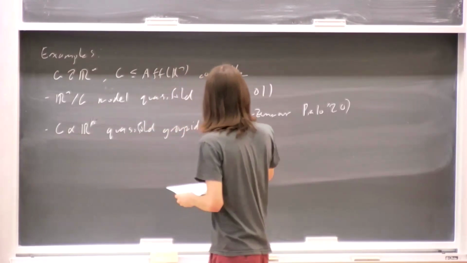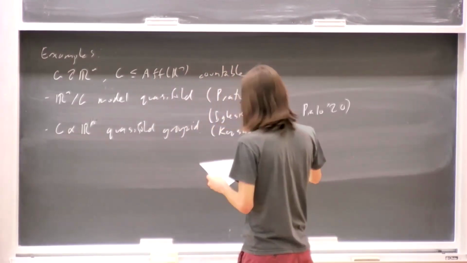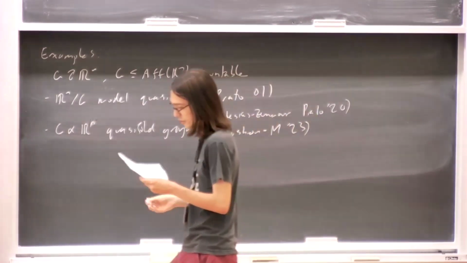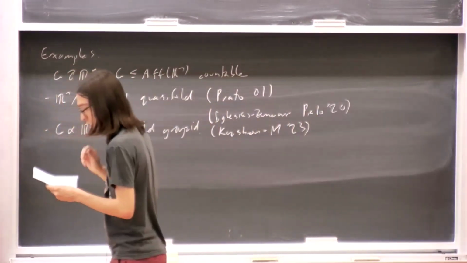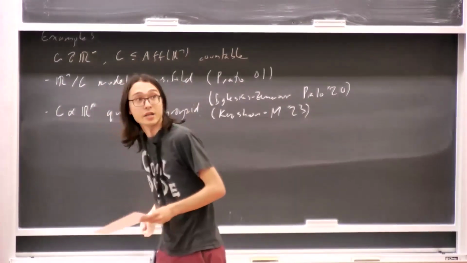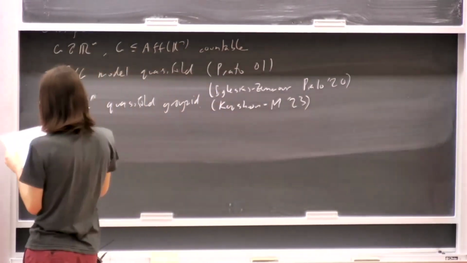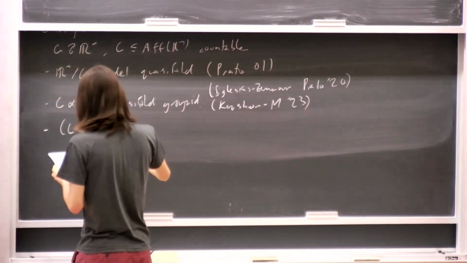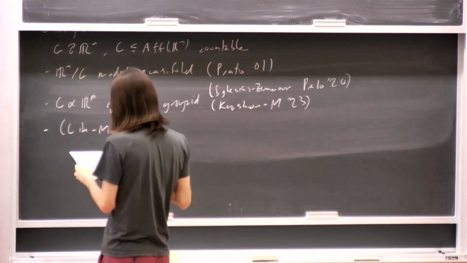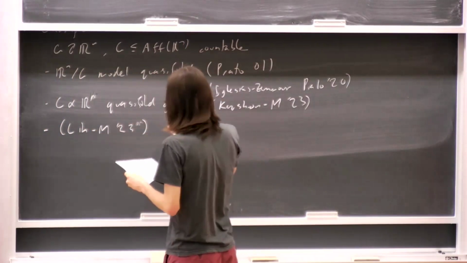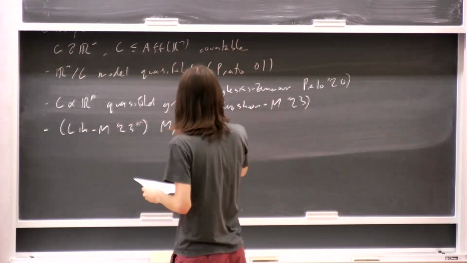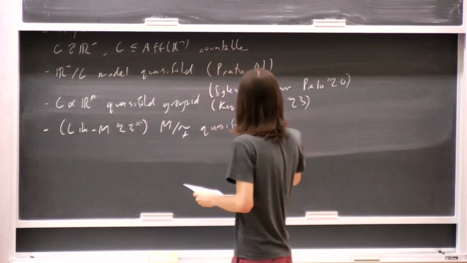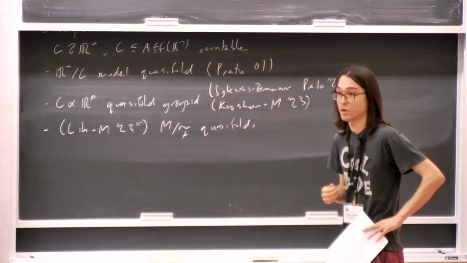And this was Eyal and I in 23, which has made its way to transformation groups recently. Okay. And another remark about this example, I have 1 minute left, is that with Lin, who's also here, we showed that certain foliations always have leaf spaces which are quasifolds.